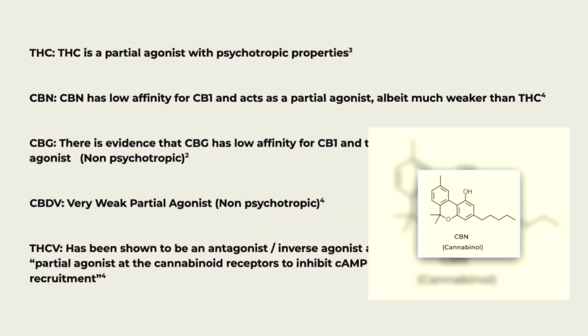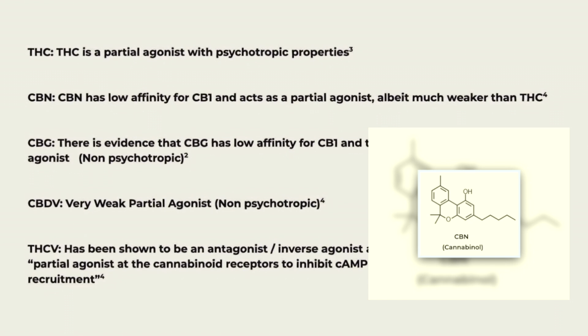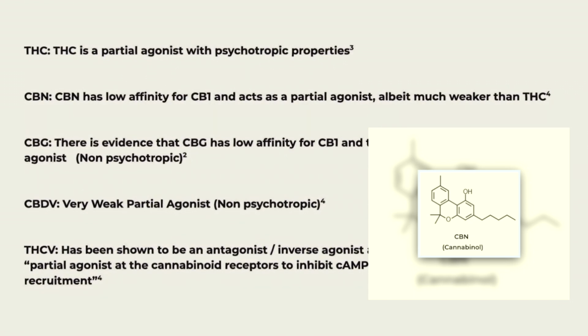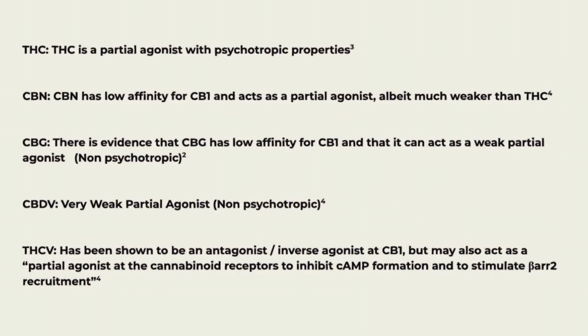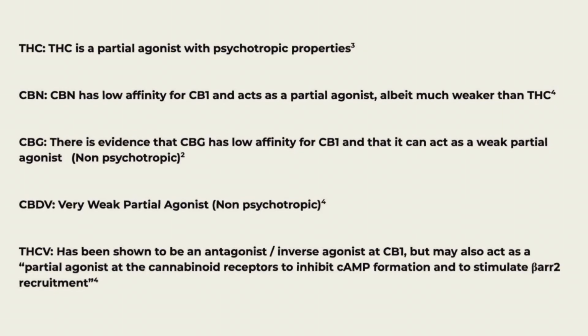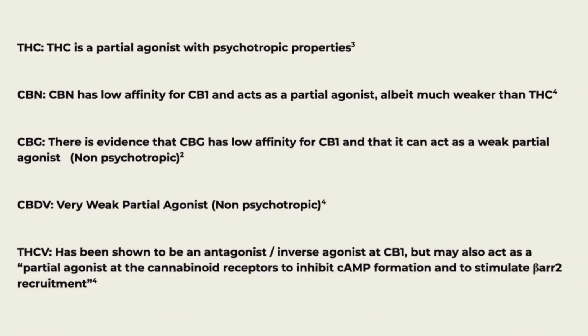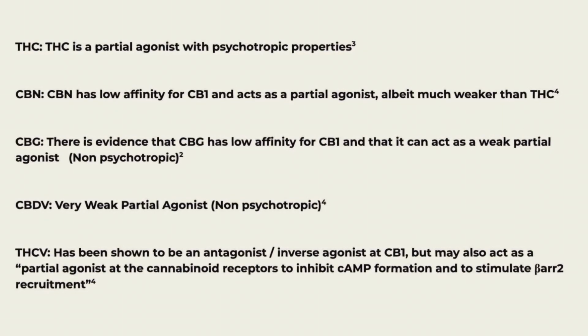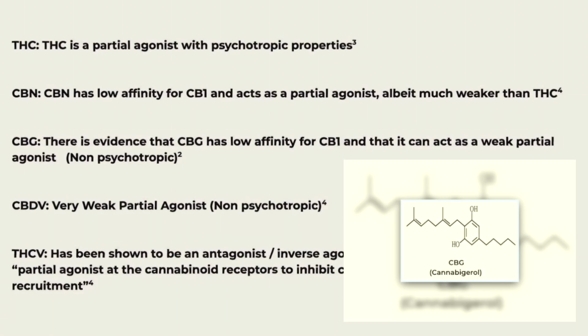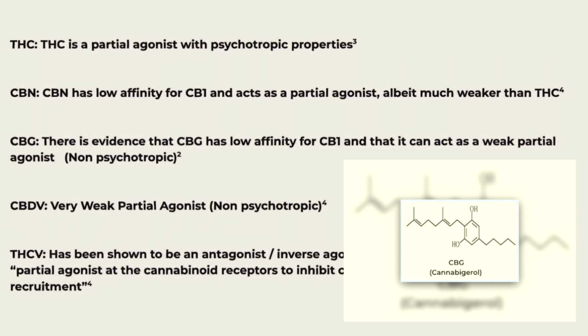Now, CBN has low affinity for CB1 and acts as a partial agonist, but much weaker than THC. This means it does not interact as strongly with the CB1 receptor as THC does, and its psychoactive effects are only seen in large doses. CBG has low affinity for CB1 and can act as a weak partial agonist.